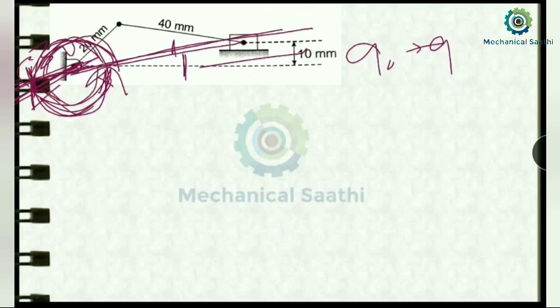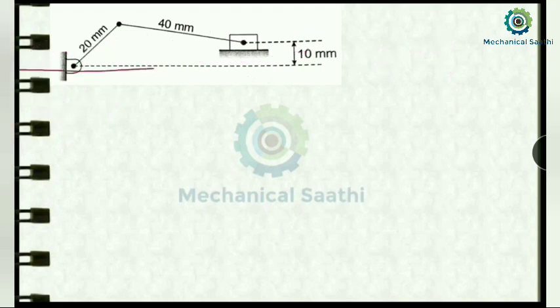divided by this angle. We will get our quick return ratio as greater than 1, because this is the greater one and this is the smaller one. So let us first find this angle, then after calculating it we can calculate the other angle. After calculating both angles we can find the quick return ratio. This total angle is 180, so we need to deduct this value and add this value.